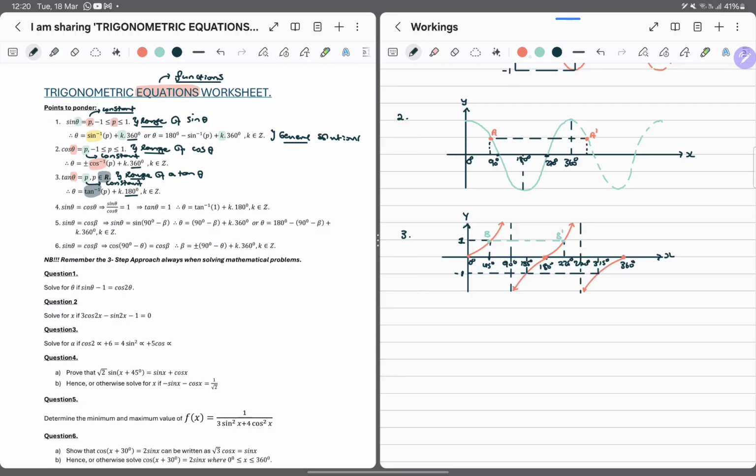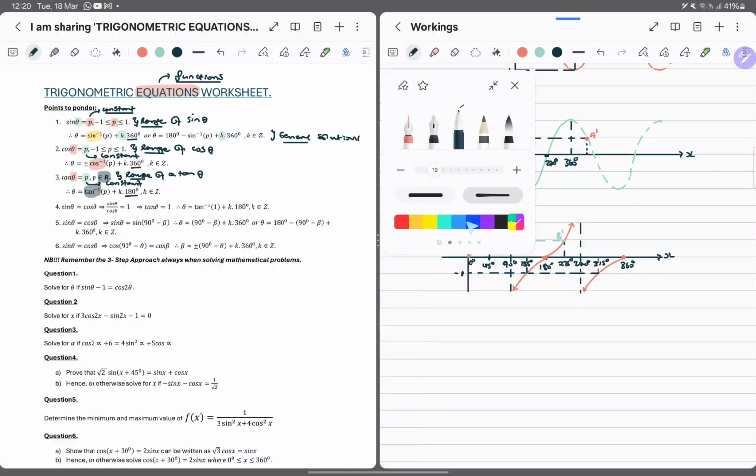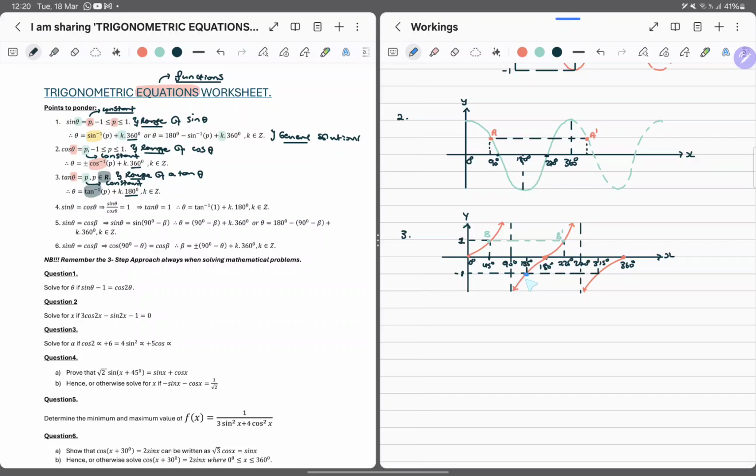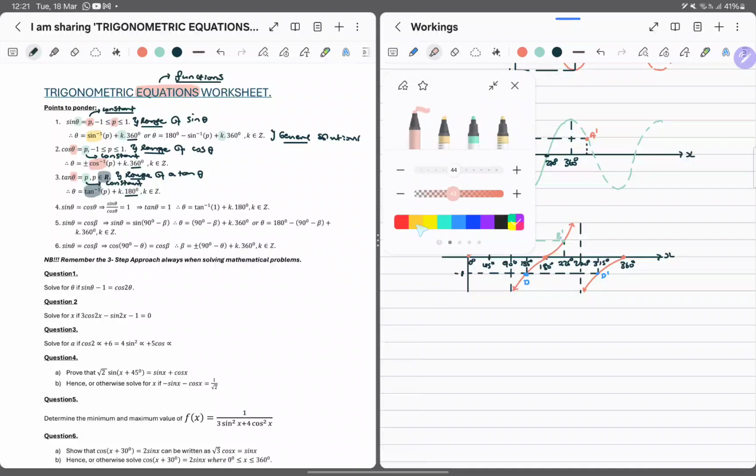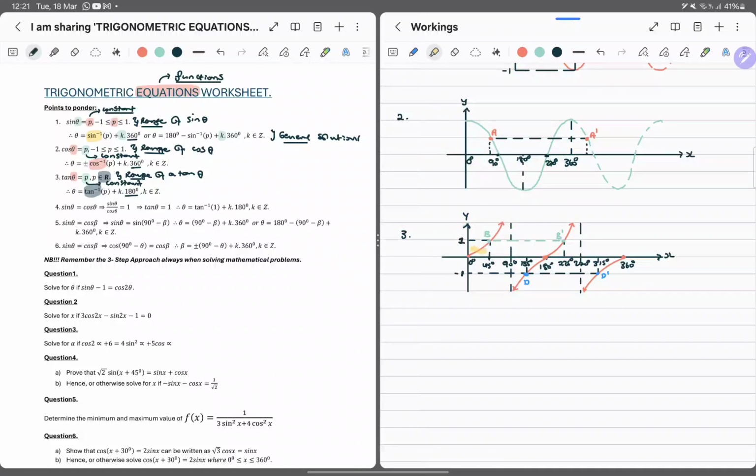If you take, for example, let's call this point a different name. Say this is point D, for example. This would be D prime. And we can see if we take the x value at D prime and subtract the x value at D, we will have an interval of 180 degrees, meaning everything keeps repeating itself like that. Now here's how you see the full period on the tan function.